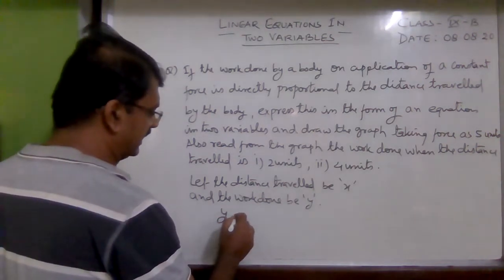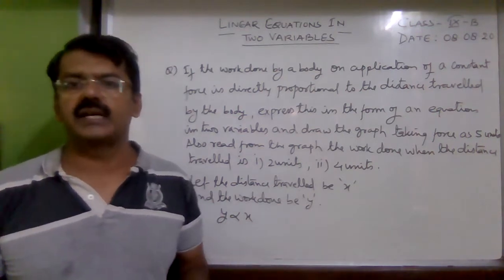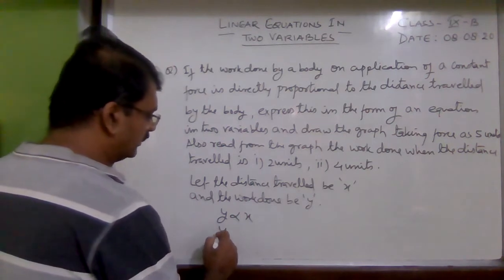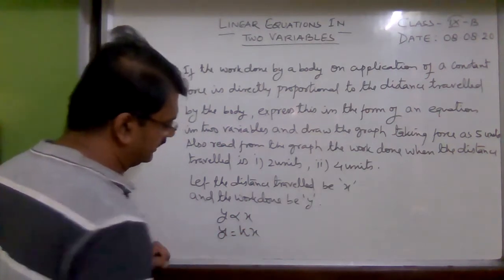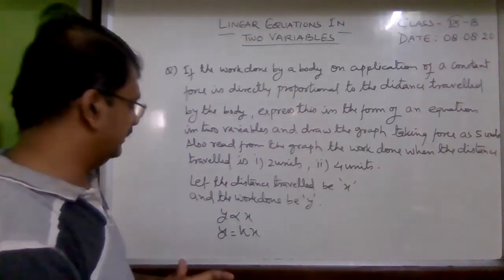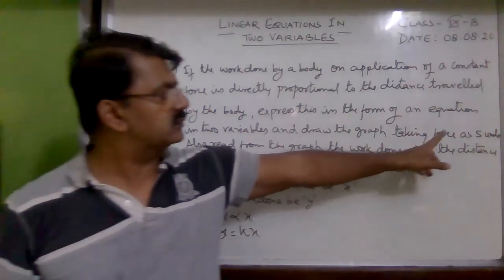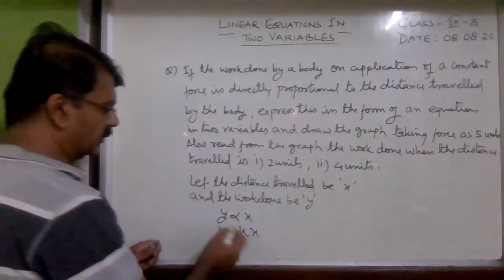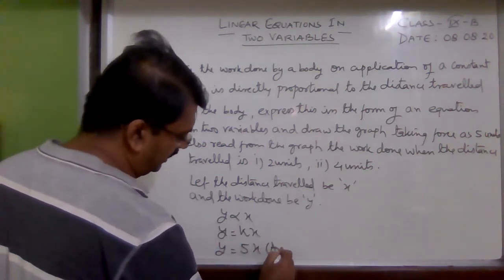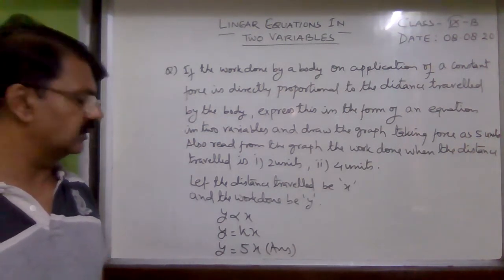So y is directly proportional to x. Now if you remove the proportionality sign, you have to introduce a constant of proportionality. Let it be k. So y is equal to kx. That is the linear equation in two variables. Now we know that this k is actually the force applied on the body, which is given as 5 units here. So you put k equal to 5, then it is y is equal to 5x. So the linear equation in two variables, in this case, will be y is equal to 5x.